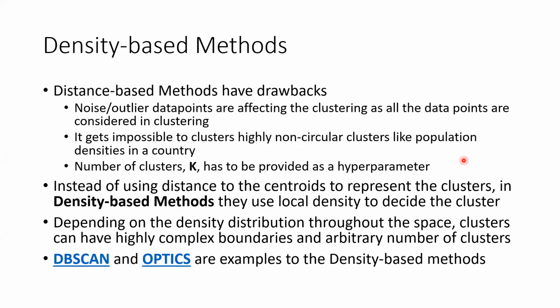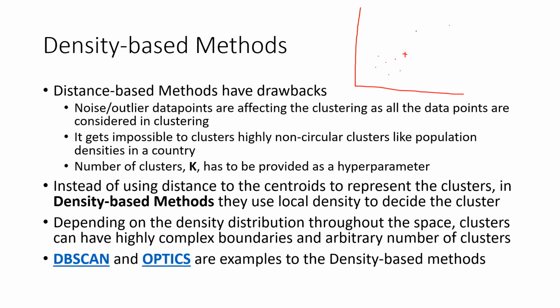So the problem with the distance-based clustering that we have explained earlier, both single layer and hierarchical, is that outlier data points affect the clusters in a considerable way, right? Because if these are the data points, and there is another outlier here, this would hugely affect the centroid of these data points. So the centroid would be located at a point like here because of this data point.